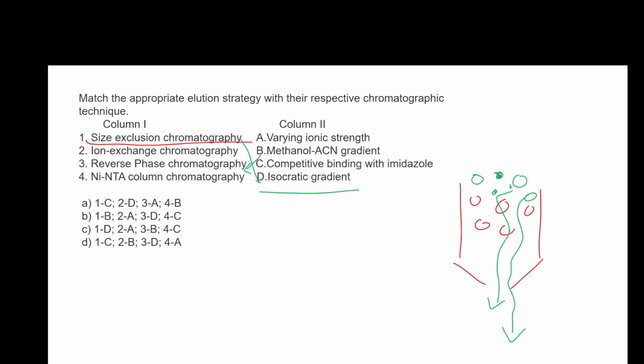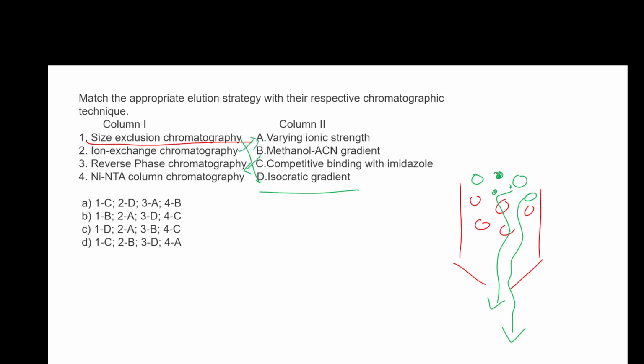Then we have ion exchange chromatography, which we just talked about. There, varying ionic strength of buffer is being used. For example, at the end of the chromatography, you want to elute the protein. What you do is give an elution buffer of very high ionic strength so that the protein leaves the matrix and is eluted with the buffer.